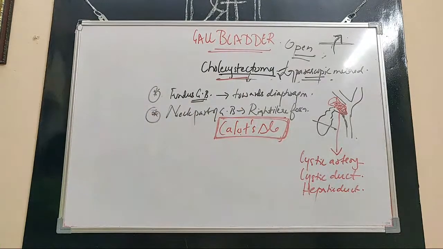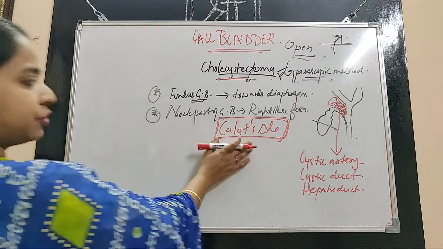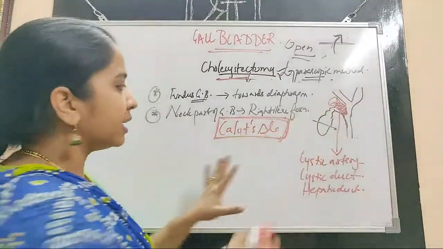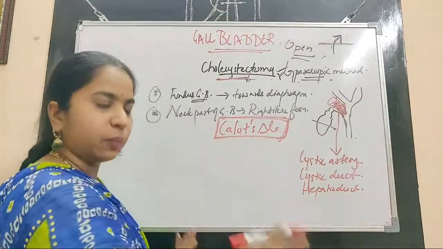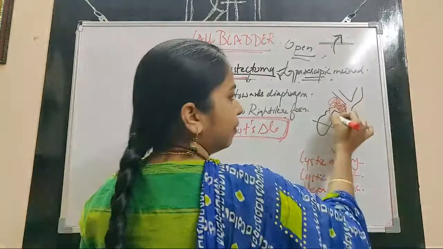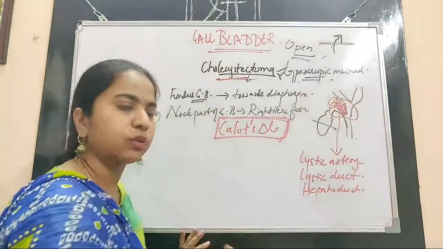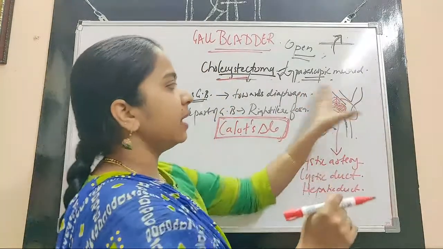So once we retract the fundus of the gallbladder and the neck part toward the right iliac fossa, we are trying to expose the Kellogg's triangle, so that we can make out the anatomy very clearly before we move into the next step of ligating and cutting it down.